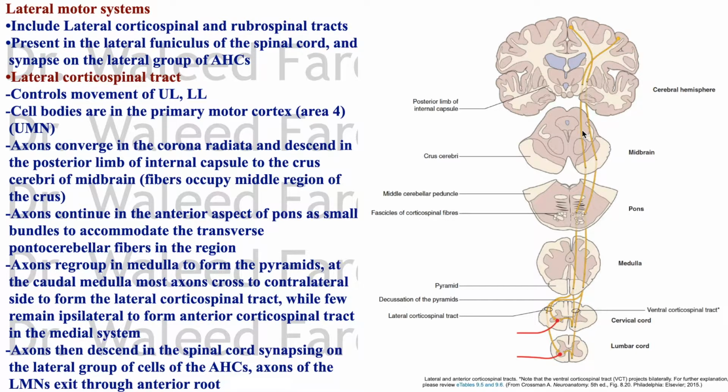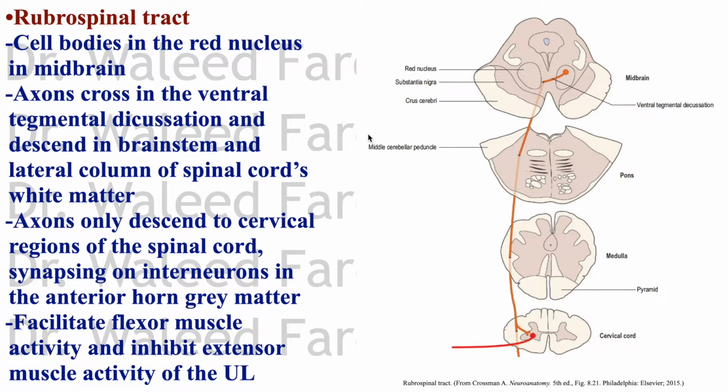corticospinal tract. Another tract related to it is the rubrospinal, which, from its name, originates in the red nucleus of the midbrain. Then it crosses to the opposite side in the ventral tegmental decussation. We saw that in the horizontal sections of the midbrain.